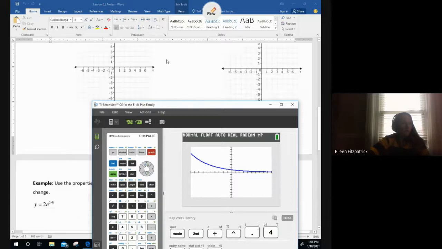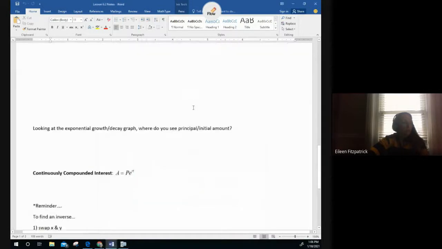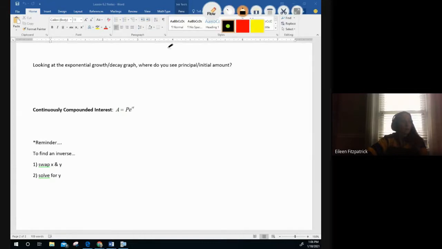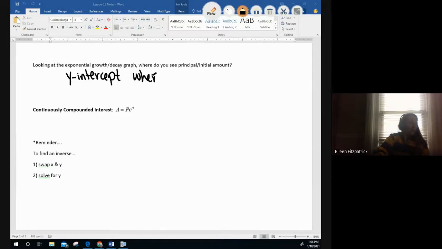So to answer this question, looking at an exponential growth decay function, where do you see the principal or the initial amount? You're going to see the principal or initial amount at the y-intercept, when x equals 0, because in this case, x is going to represent your time.